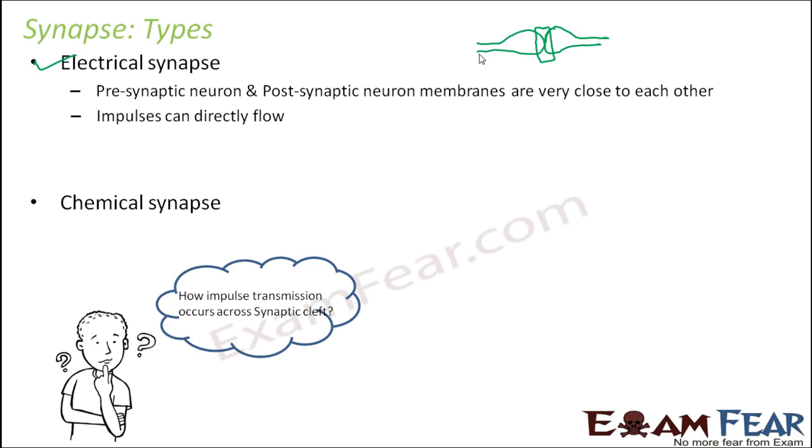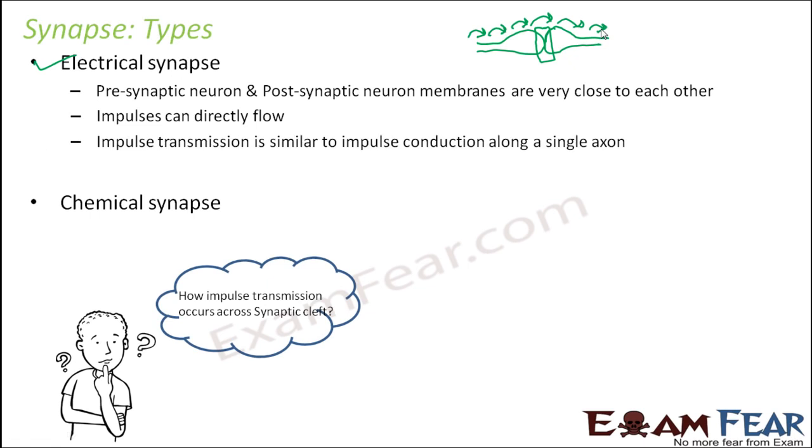In a very similar way, the action potential will shift from one region to the neighboring region, and get transmitted from one neuron to another. So impulse transmission here is similar to impulse conduction along a single axon. The concept remains the same, with not much difference.